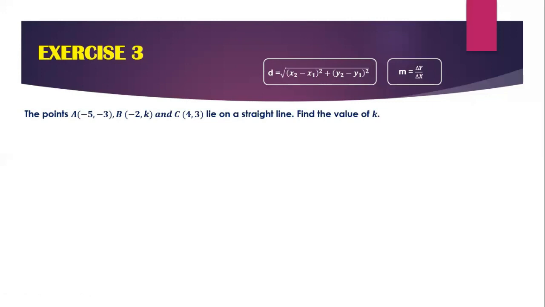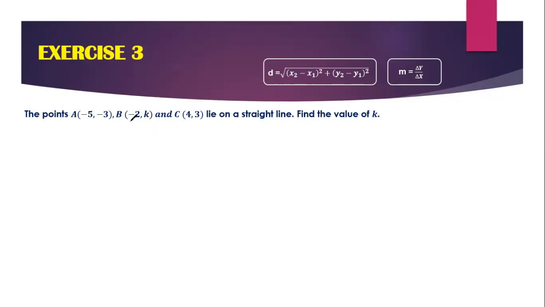Okay, everyone. Okay, students, when you go to find the value of something, when all points lie on a straight line, it means the gradient is equal.